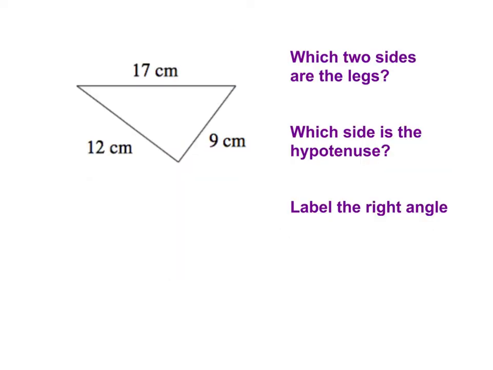Even if the right angle is not labeled, you should be able to look at the three sides and determine which side is the hypotenuse and which two sides are the legs. Looking at this figure, which two sides are the legs? Which side is the hypotenuse?